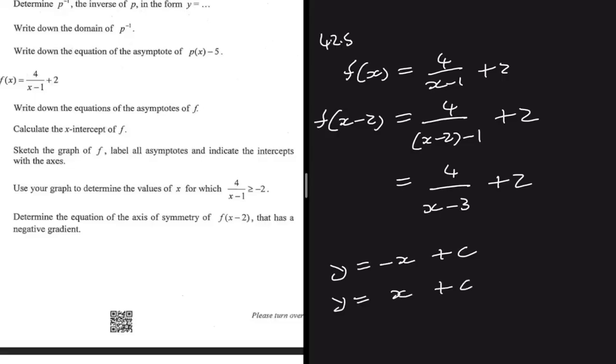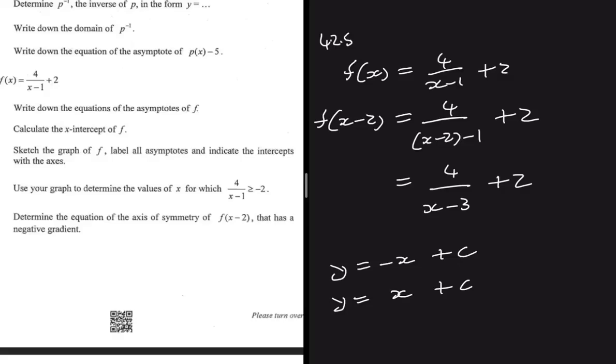So what you're required to do actually is to just find the value of c, right? And then you have your axis of symmetry. So which point did you substitute if you want to find the value of c in your axis of symmetry? You substitute the point where your asymptote starts. So now we actually have to find the asymptote of f of x minus 2. Let's go ahead and do that.